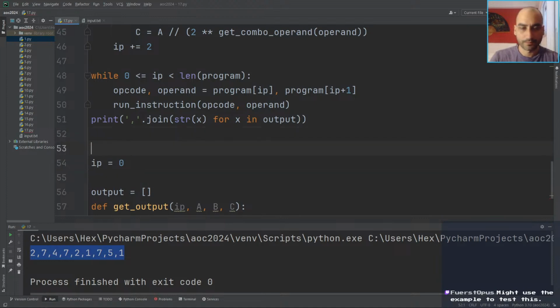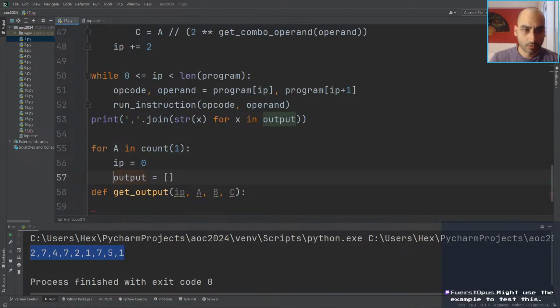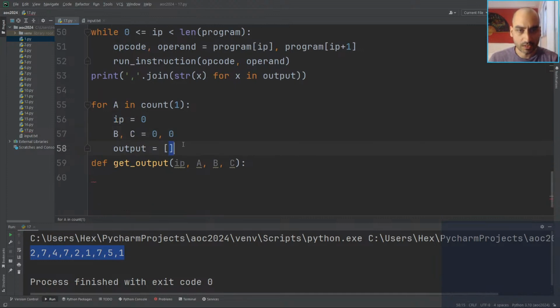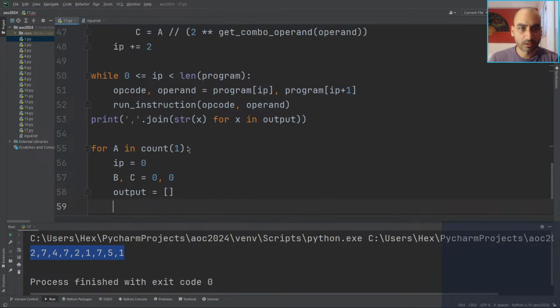All right, we'll just do it for A in count forever. Positive initial value. Okay, so it has to be positive, so count from 1. We initialize IP equals 0. B, C equals 0, 0. Output is clear. We run.